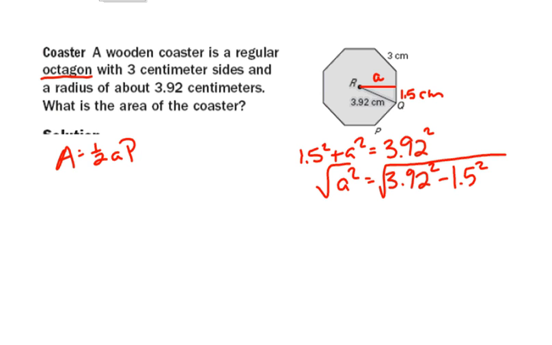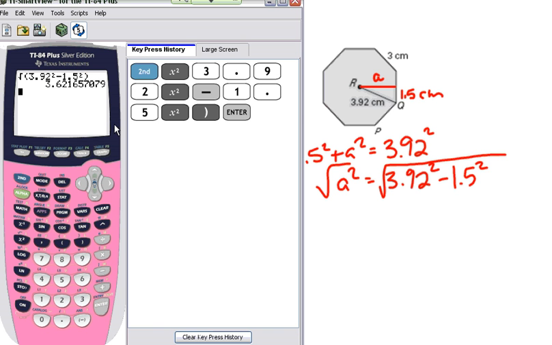Let me see more exactly than that. So it's 3.621 and change. Ideally I want to round as late as is humanly possible, so I've got this in my calculator already.